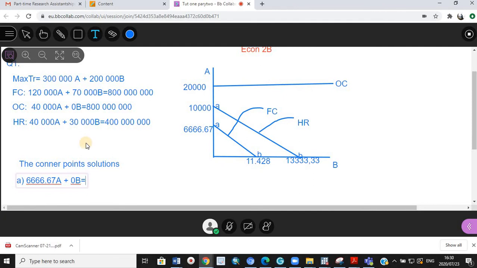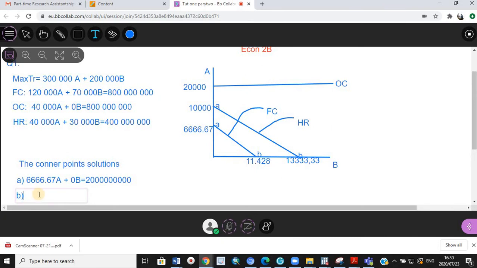Times 310,000, right? So this should be equal to 200,000,000,123. Yeah, something like this, right? So I think the text will just tell you how many decimals you need to round it off to, right?